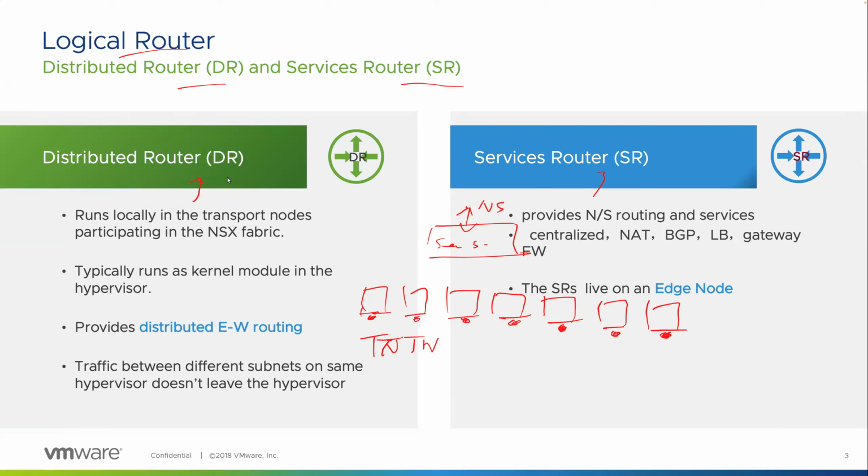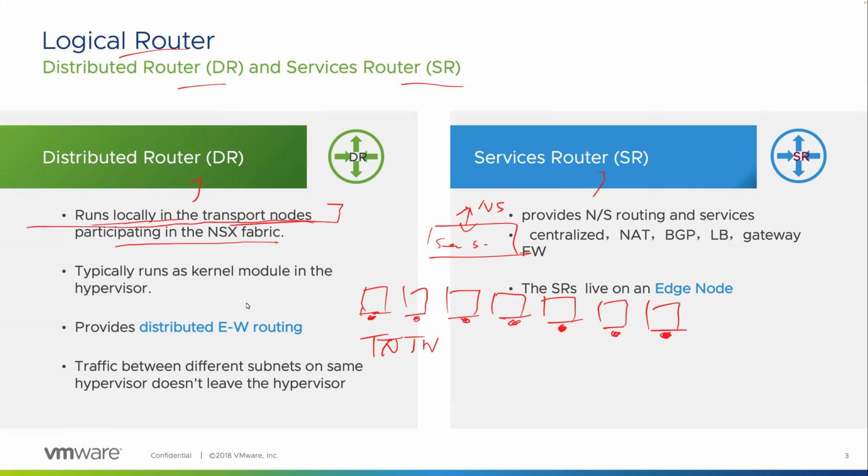The distributed router is a function that runs locally in every transport node participating in the NSX fabric. Just remember this sentence: it runs locally, distributed in every transport node.